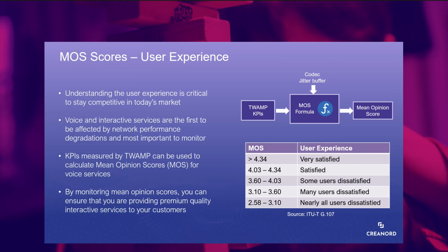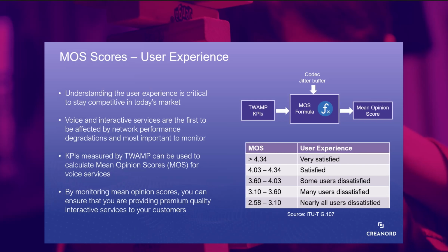So again, from the beginning of the presentation, if you remember, that 10% of the high data users are destroying the network performance for 63% of the users. And these users typically use a lot of voice services, interactive services, video calls, and so forth, which are very sensitive to delays, jitters, and packet losses.